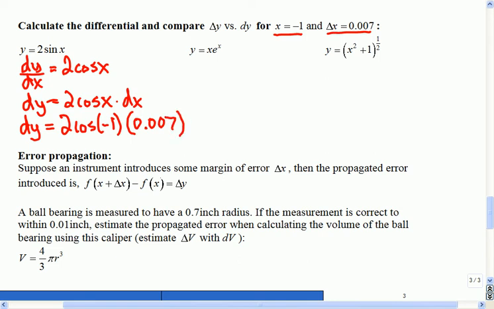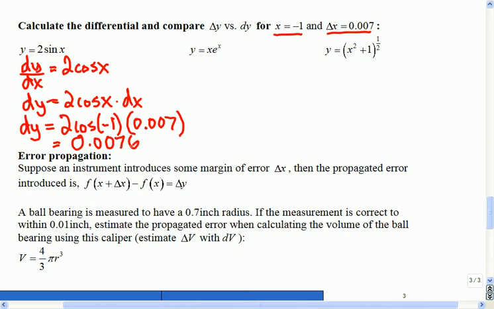So I'll get a calculator answer for you here, just so we can put a number to it. And it's about 0.0076.